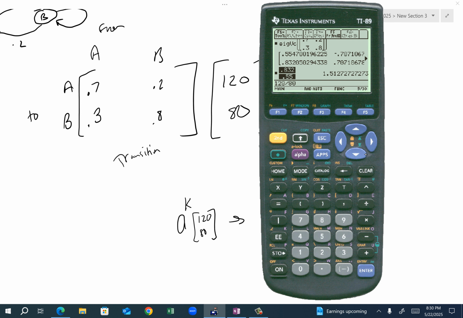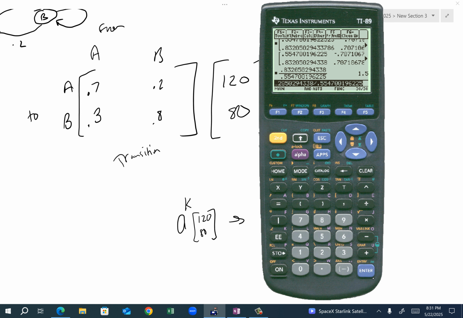So I'm going to grab this guy here, bring it down, and I'm going to do 0.83205029438 divided by 0.55. Where did I leave off? 4700196225. Hey, look at that! I get 1.5.